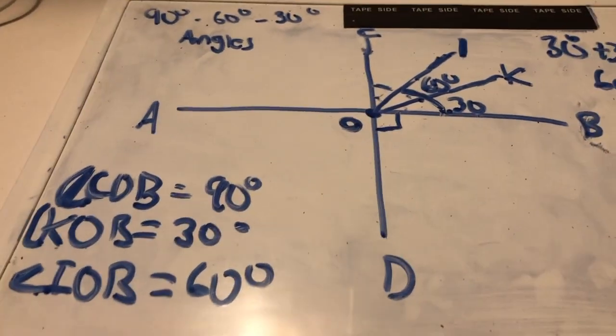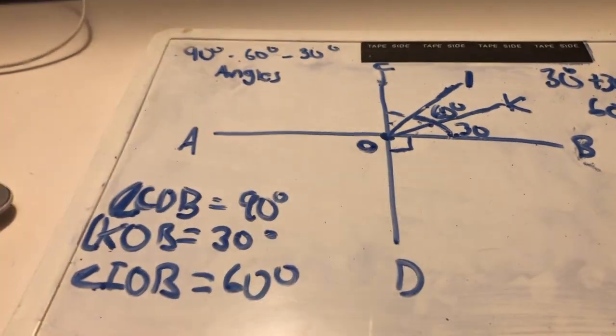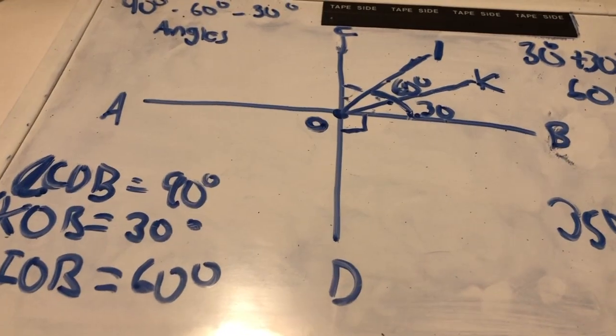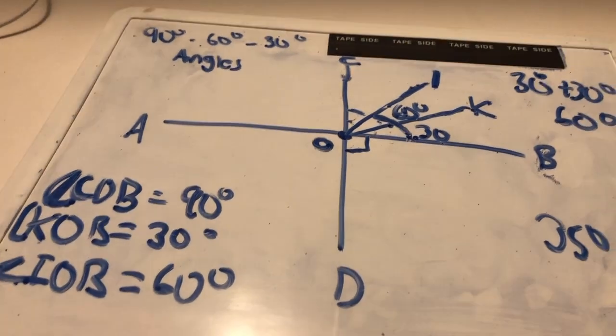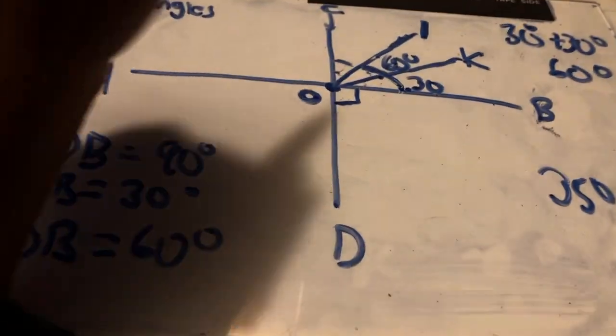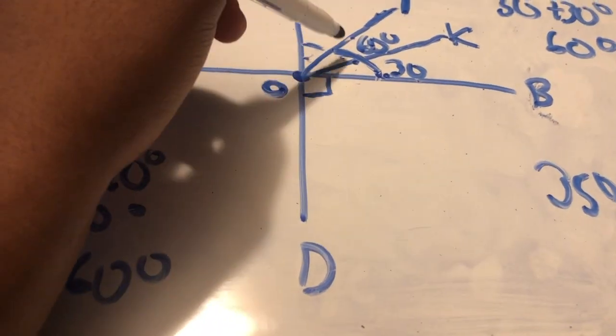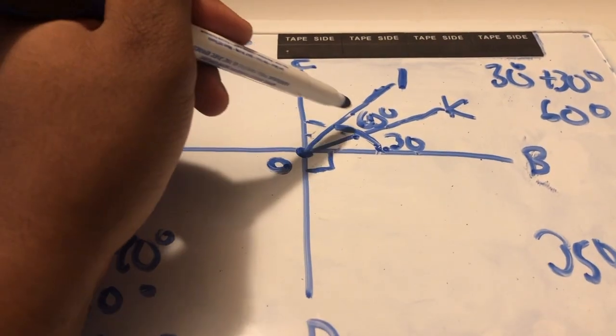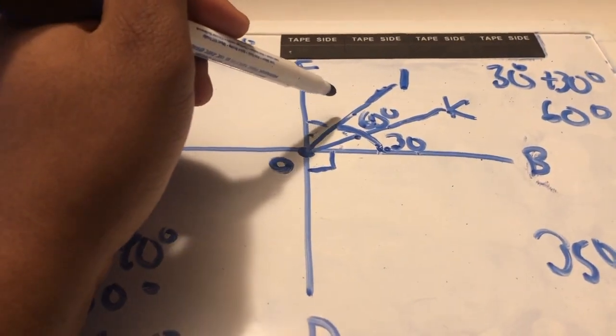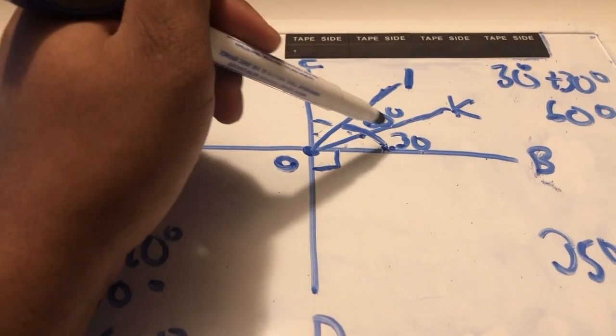So the next part to this is, what if we're trying to estimate a 35-degree angle in here? What two reference points are we going to use in order to find a 35-degree angle? Probably not in between here. We're estimating probably not in the 90 to 60-degree range. But is it in the 0 to 30 range?